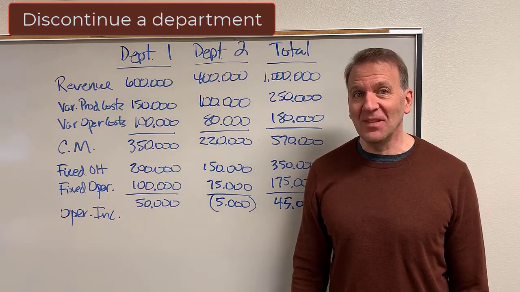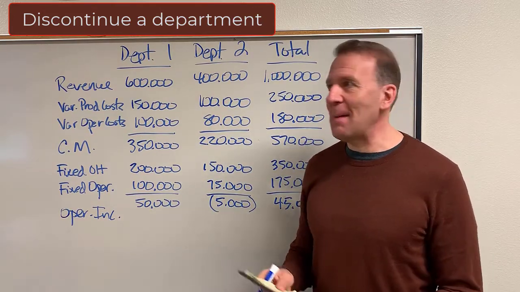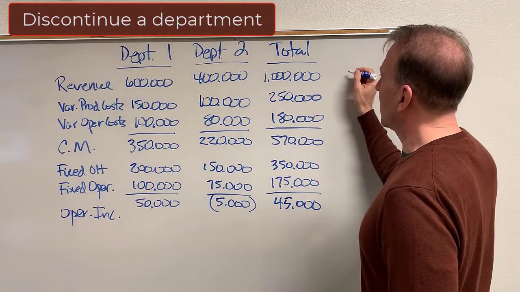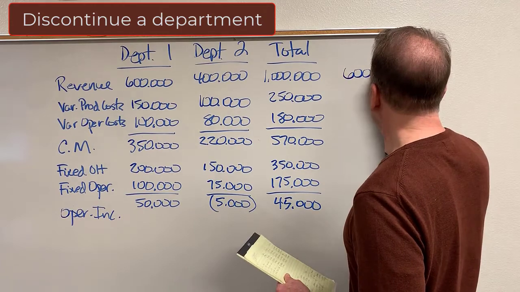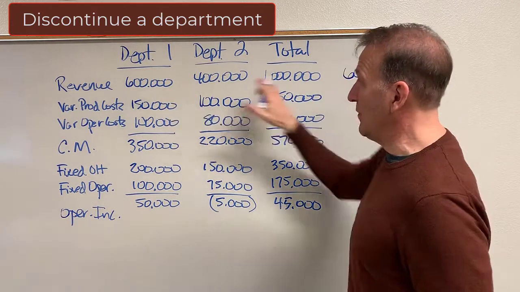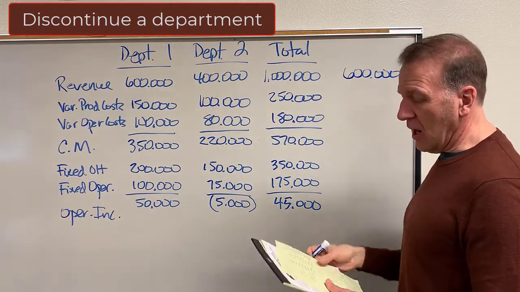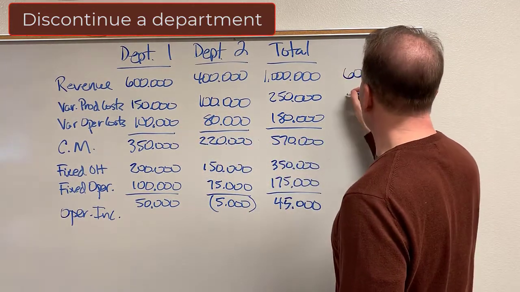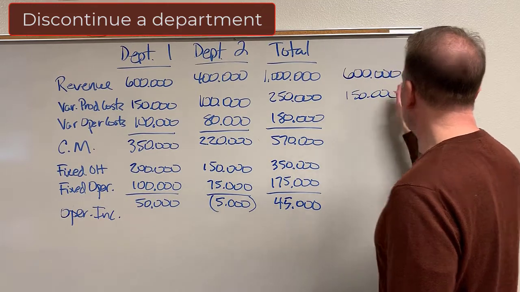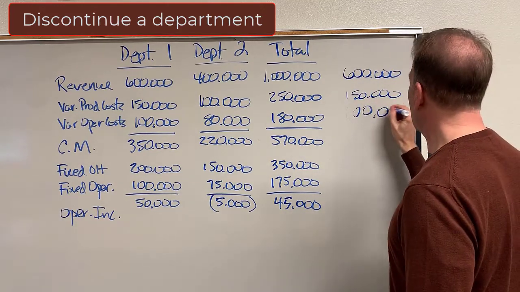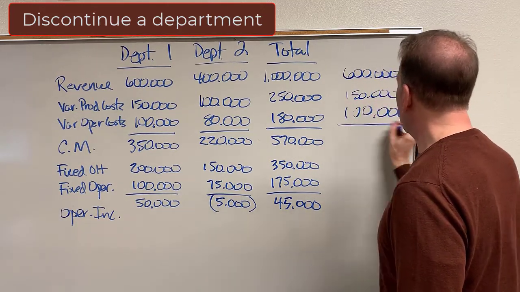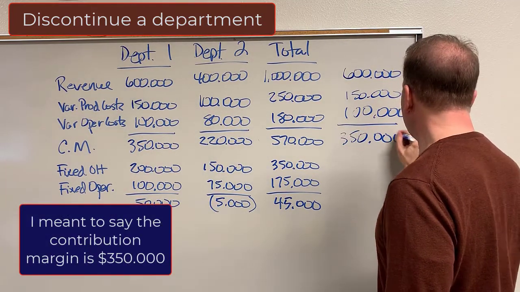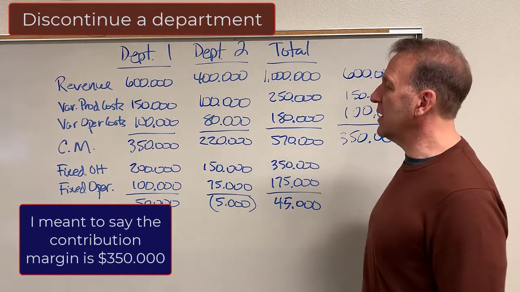All right, so let's take a look at this. What happens if we lose Department 2? If we get rid of it, then we will have revenue still of $600,000. Our variable costs will be $150,000 and $100,000 still, so those will still be in place. Let me write these down. And so my contribution margin, since we only have Department 1, is still $300,000.